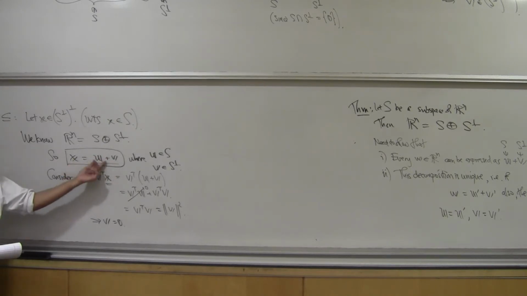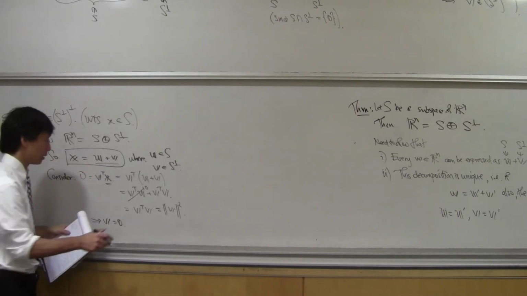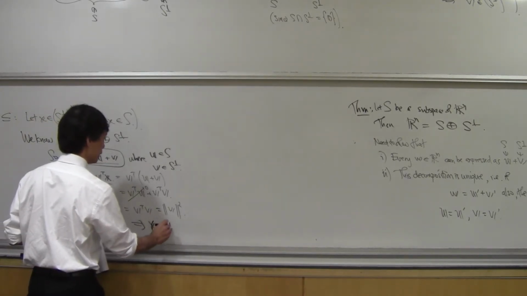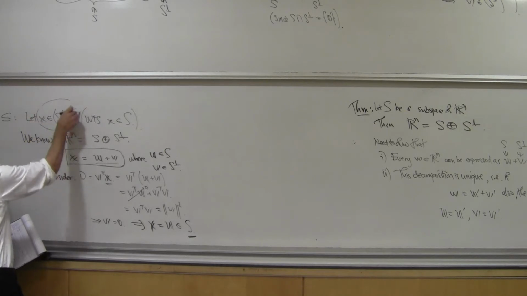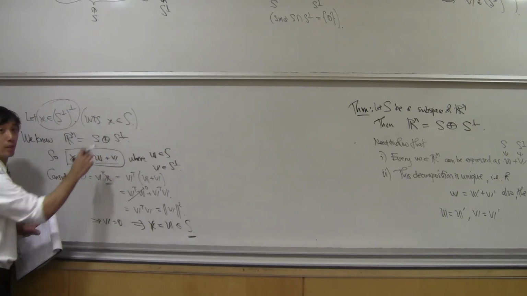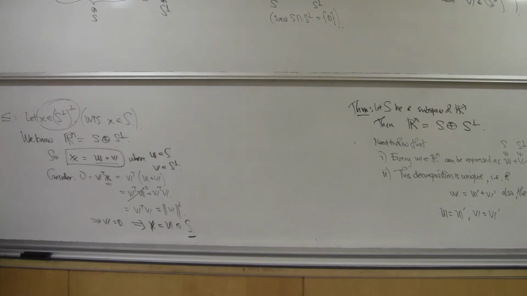In other words, X is something in S. X equals U, but U is in S. So we see that anybody in S perp perp lies in S. And so we see that those are the same thing: the orthogonal complement of the orthogonal complement is just the set itself. Okay, any questions?